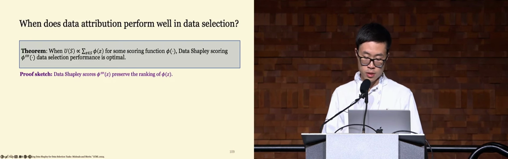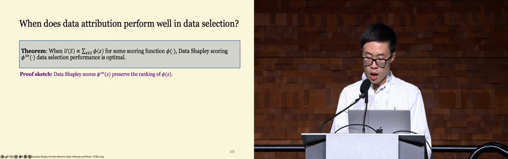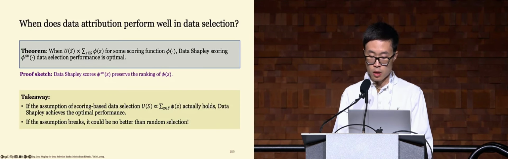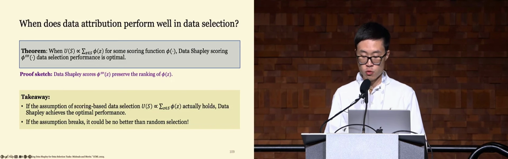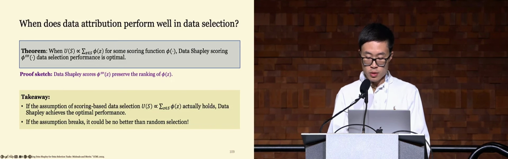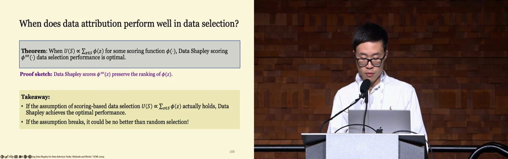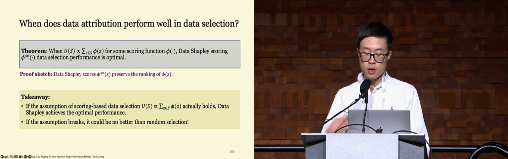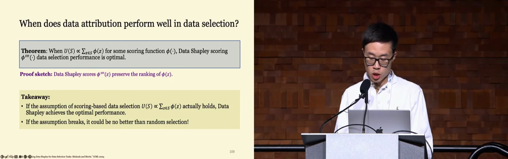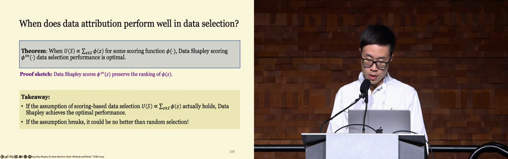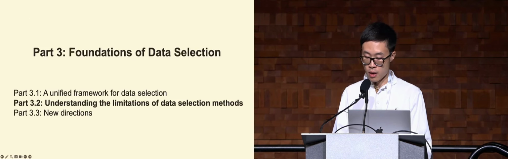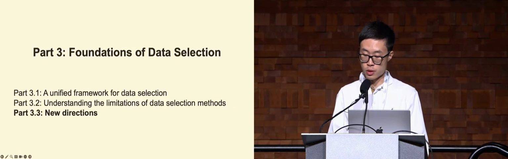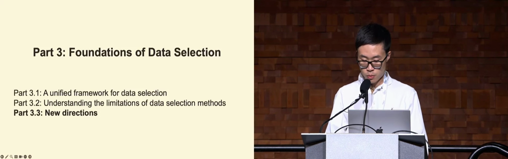It is based on the observation that the data sharpness scores preserve the data value ranking of whatever the actual scoring function is. This preservation of ranking means that selecting the data points with the highest sharpness value will be aligned with selecting those with the highest actual data value scores, thereby optimizing the data selection process.